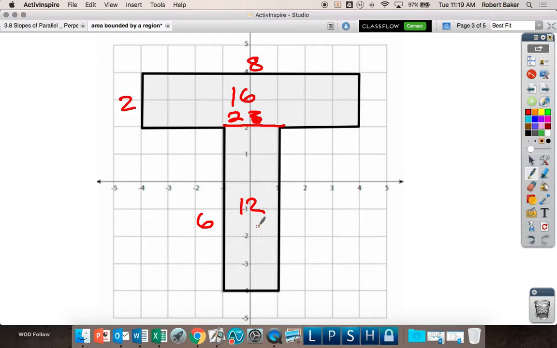Or you could, if you wanted to, just count all the squares. And you get how many squares total? 28 square units. And I'm glad you said that because it is 28 square units. It's 28 squares in there. Fine, let's do the hard part, the part that nobody wants to do.